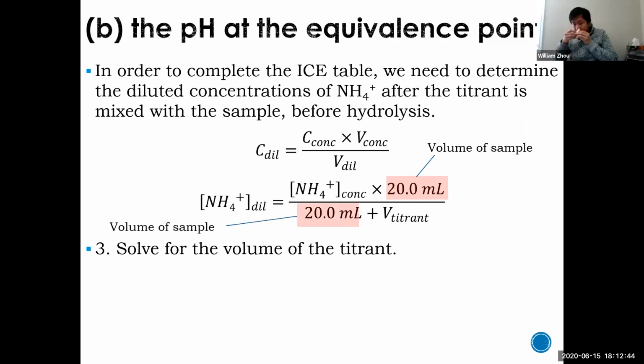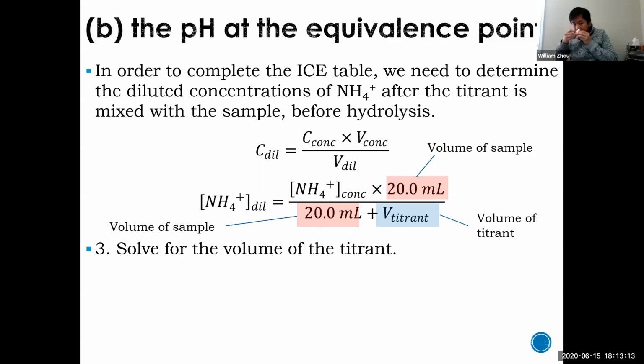It is just the volume of the acid, the volume of the initial base, I should say, plus the titrant. But I don't know how many milliliters I need in order to reach the equivalence point. You see, the question never gave me the amount of titrant I needed. So problem, I need to calculate the amount of titrant that I need.